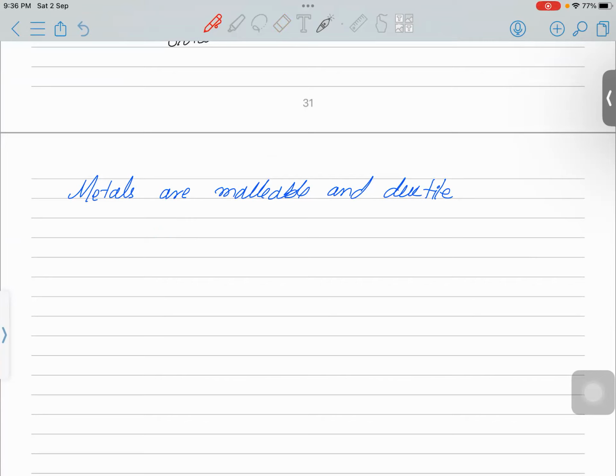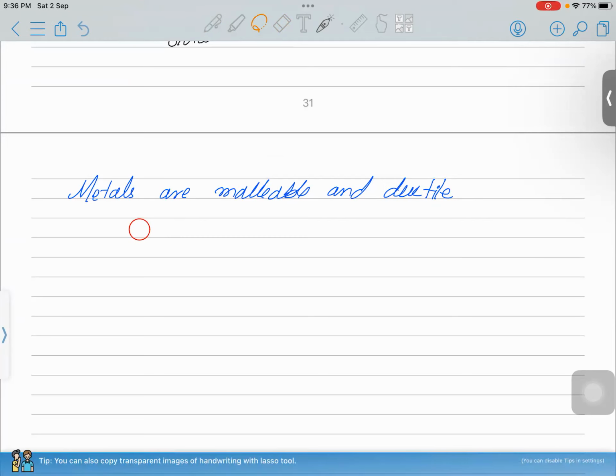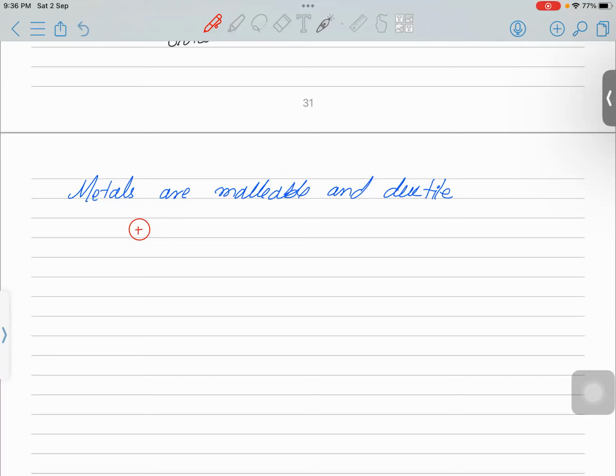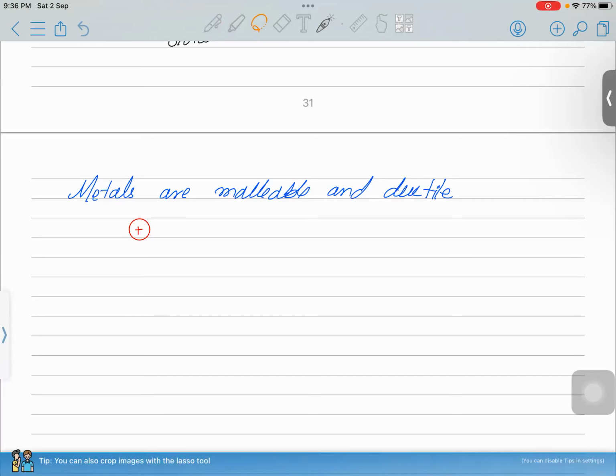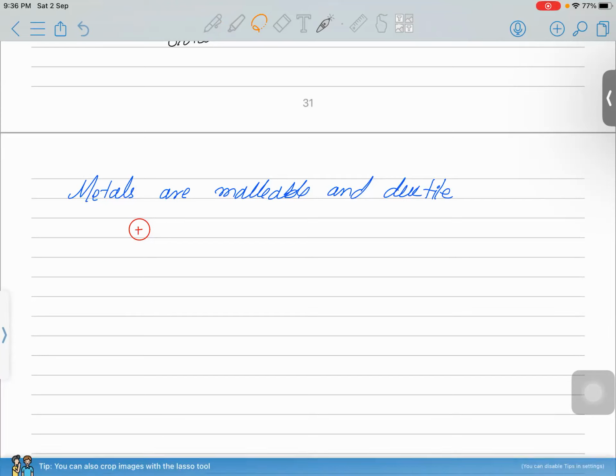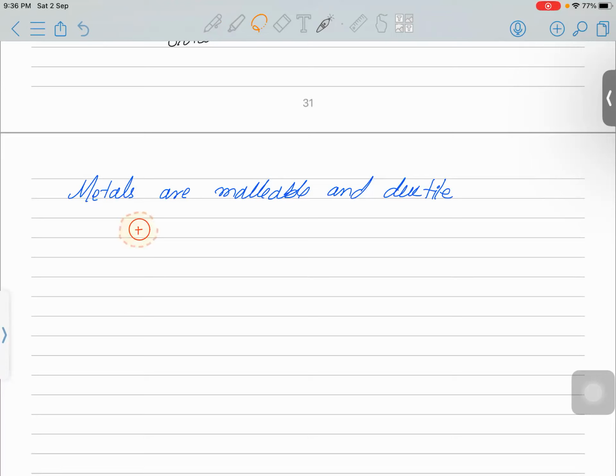Let's suppose this is a metal. This is a positive ion.